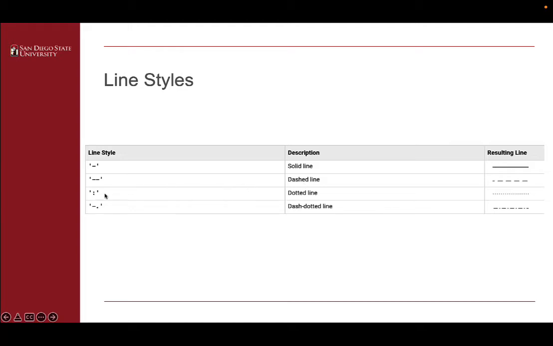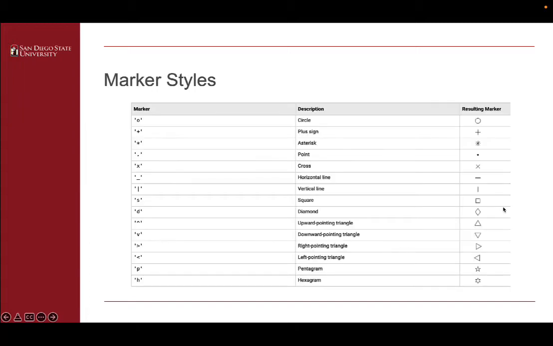If you use a colon for a line style, it will be a dotted line. And if you use dash and dot together, your line will be dash dot dash dot. And we have also marker styles. The previous plot function doesn't add any marker in our line. It just adds a straight, solid line.